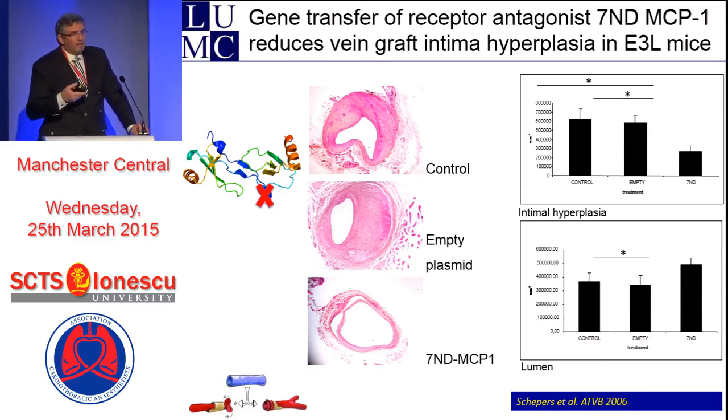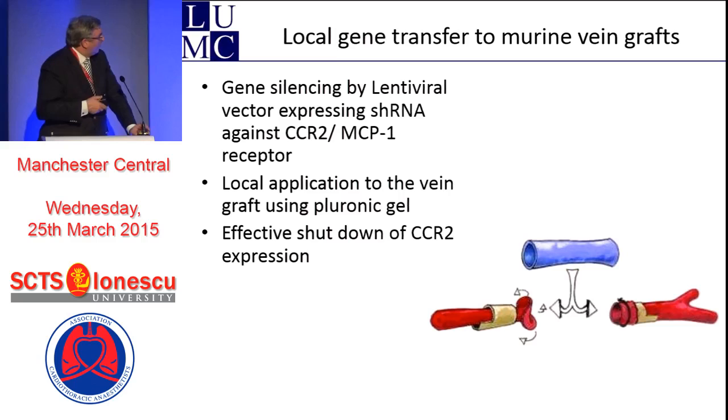But what can we do with that in a local setting? For that we went to a trick where we shut down the expression of the receptor of MCP1. You overexpress a short hairpin RNA encoding an siRNA that can block the expression, by using a lentiviral vector.